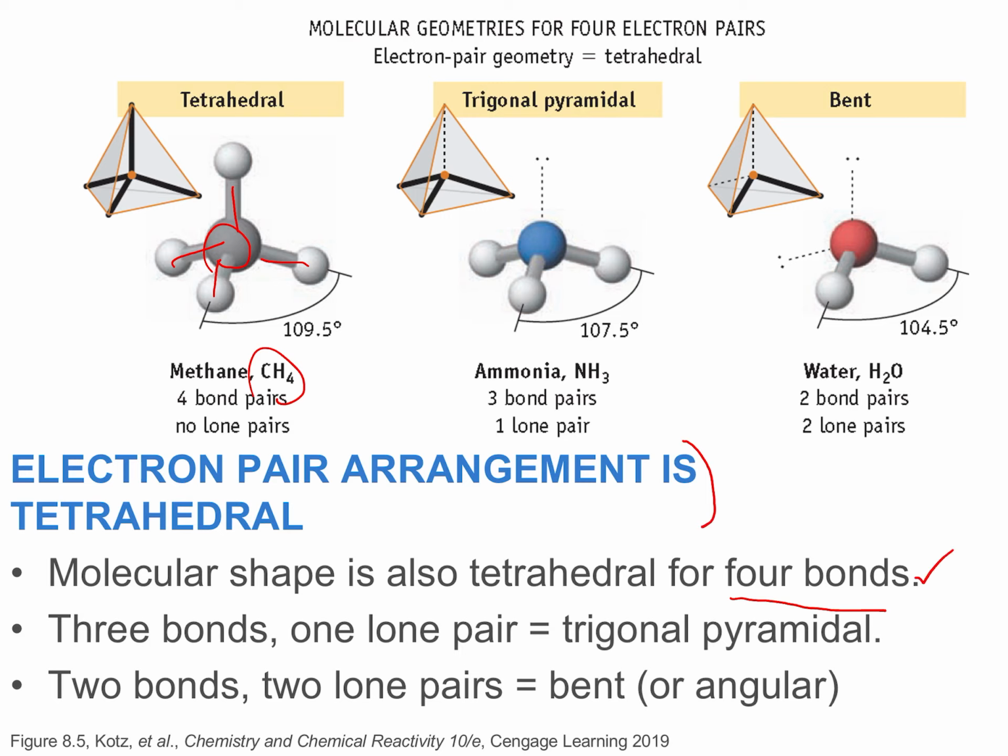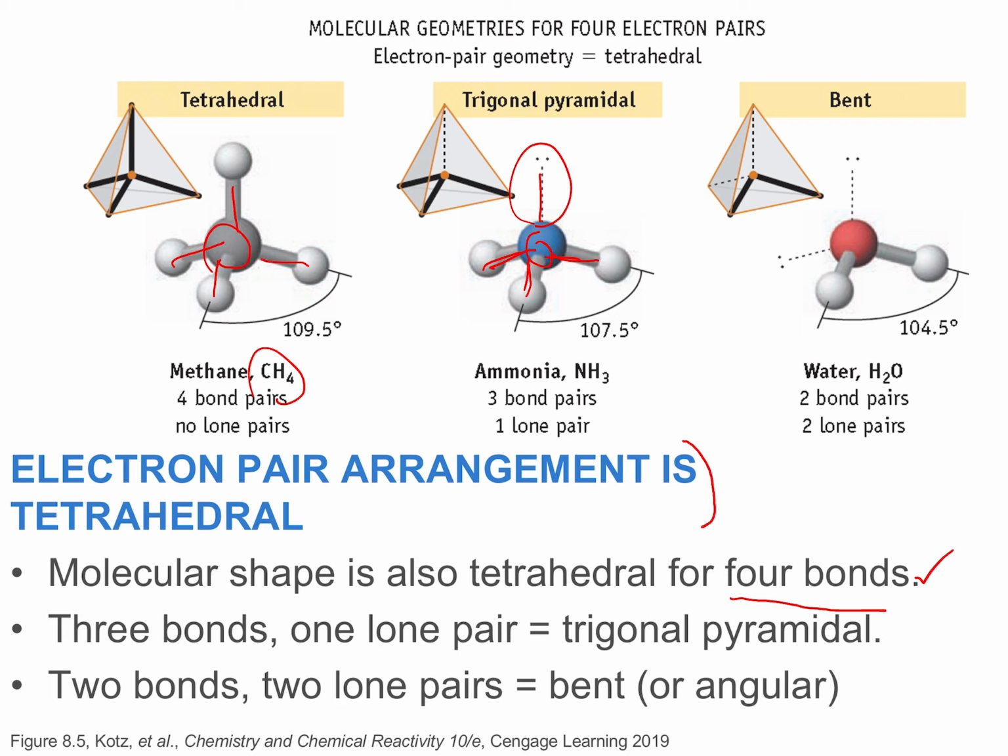But what if we have something like ammonia? Ammonia has 1, 2, 3 bonds, but then it has this lone pair of electrons. We still have to count those when we're looking at electron pair arrangement. So we have 1, 2, 3, 4, and those are directed towards the corners of a tetrahedron.